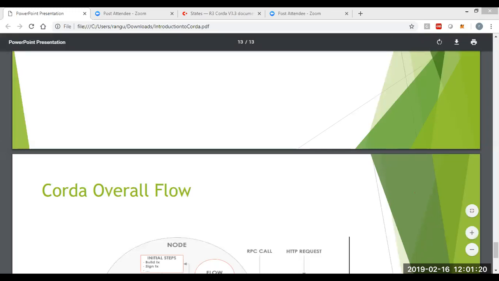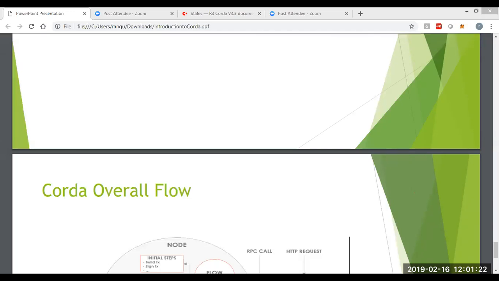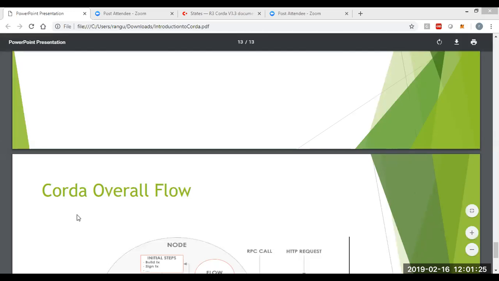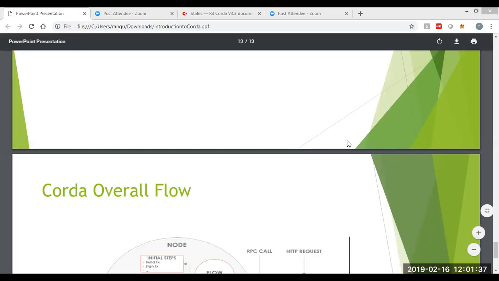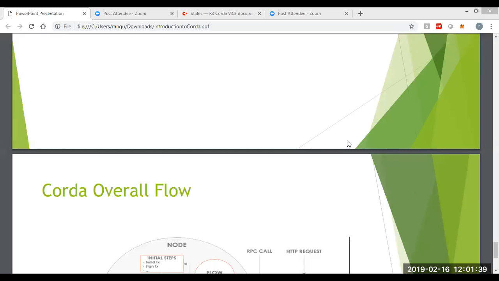Can you see my screen? Just a second. It's the PDF only, Rangesh. Right, so right now, what is it? Hello.